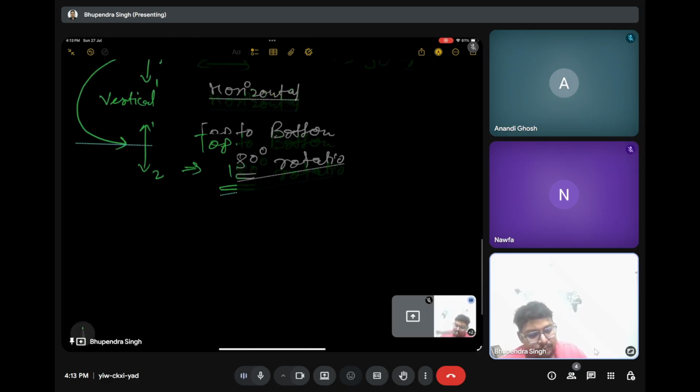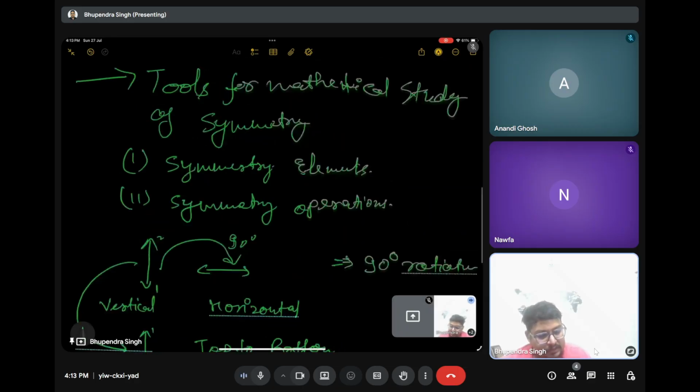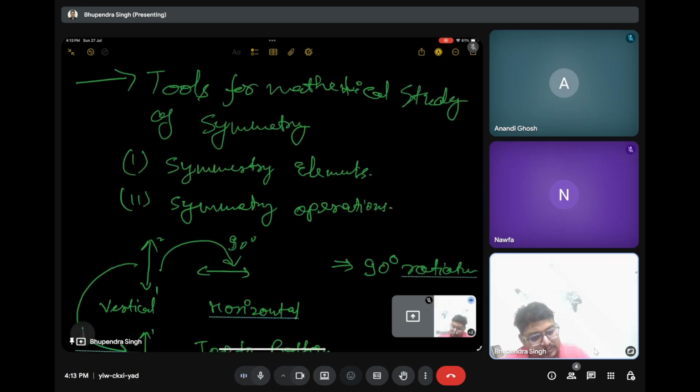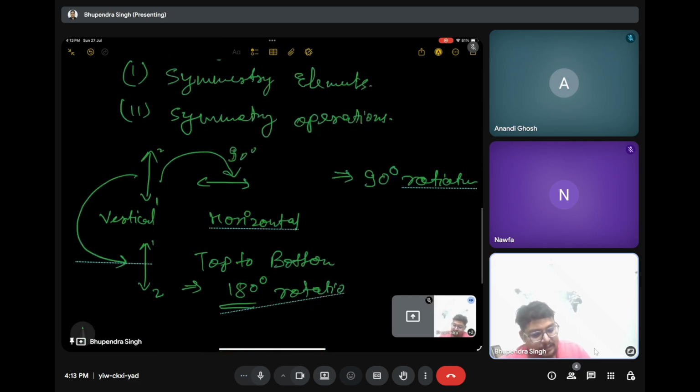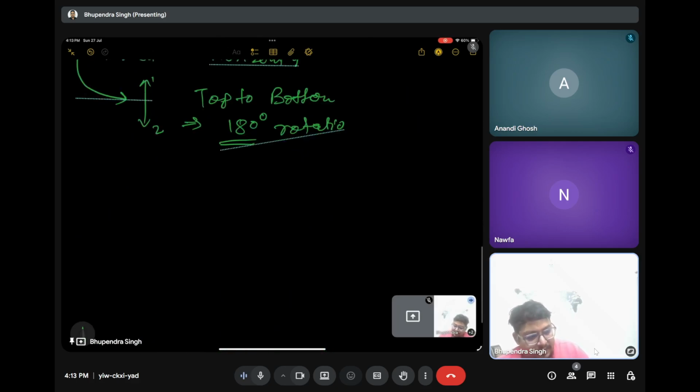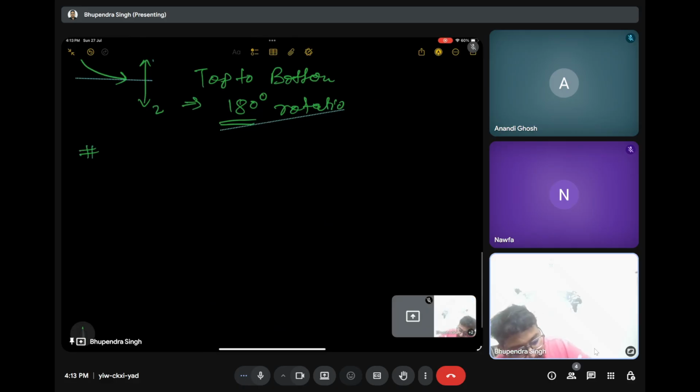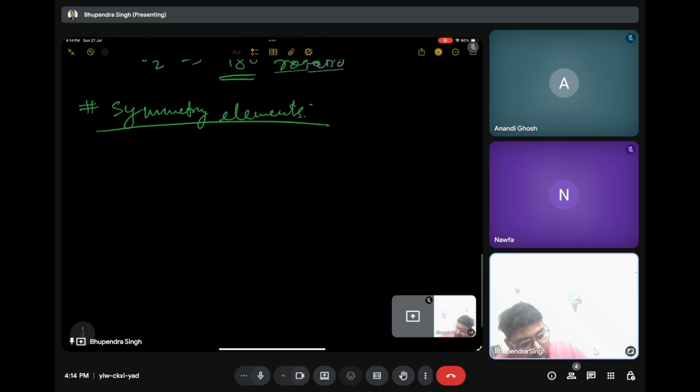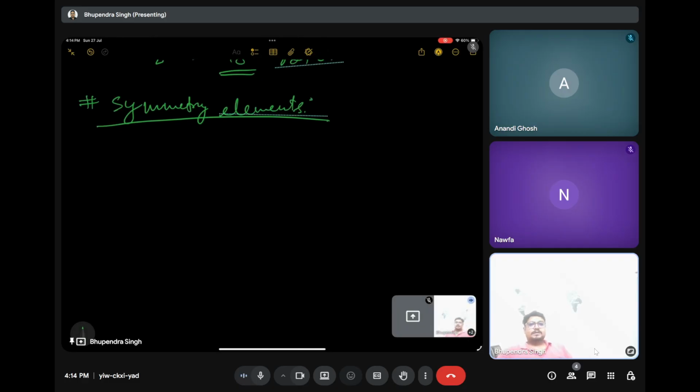As I have already introduced, these are the symmetry elements and symmetry operations, the tools for studying symmetry. So let's start from the symmetry elements first. What are the symmetry elements?